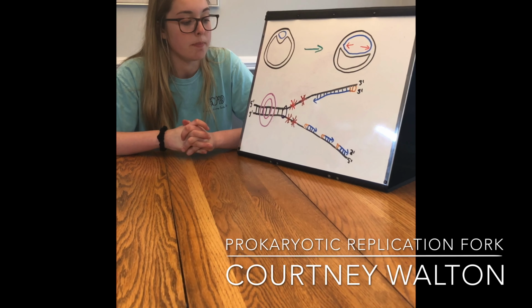So DNA polymerase 1 eventually comes along and takes out all of these RNA primers, and then DNA ligase comes and fills in the gaps of these Okazaki fragments. So this is just showing you that the theta model has two replication forks.